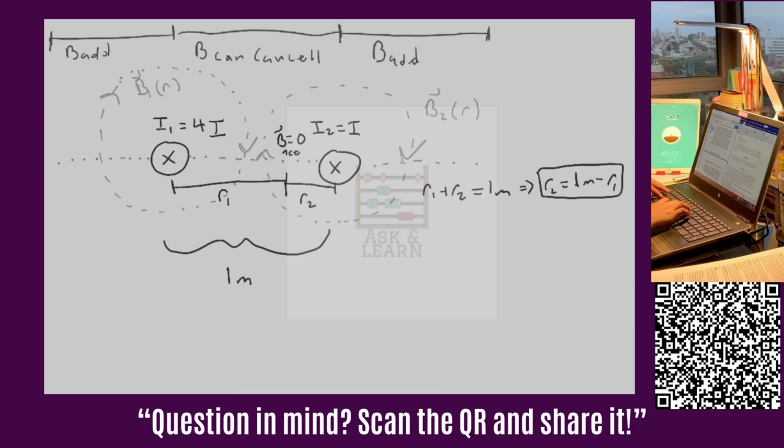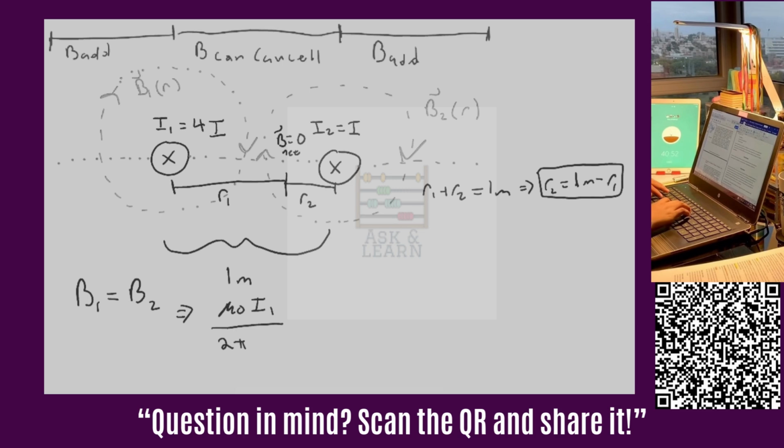So ultimately, we want to set the magnetic field from wire 1 equal to the magnetic field from wire 2. So we go back to our expressions of the magnetic fields created by current carrying wires, and we remember that it's mu naught times the current going through the wire. In this case, wire 1 has current I1, and we divide that by 2 pi times the distance from the wire to the place we care about.